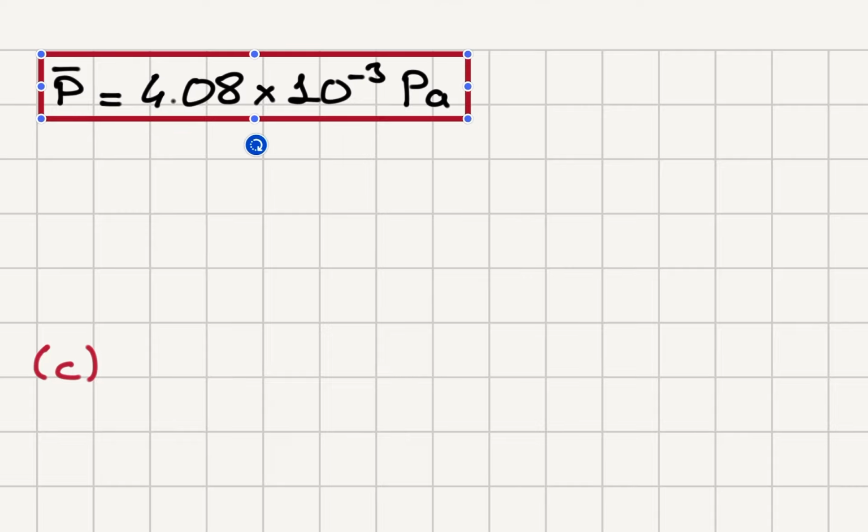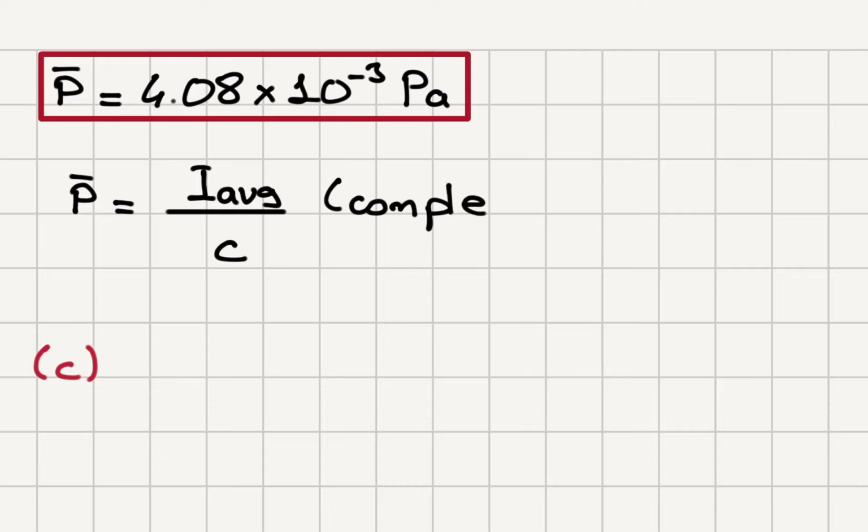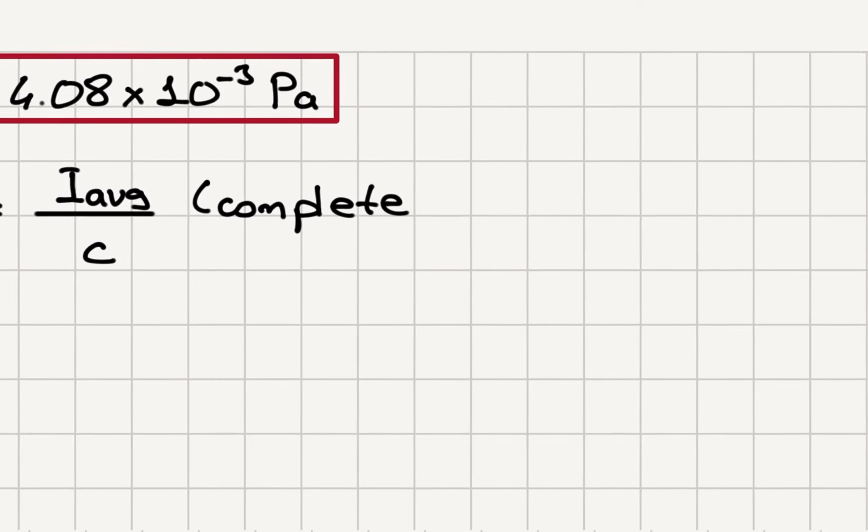Now, it's very important that it's mentioned in the problem the absorption is complete. So if you have complete absorption, it's the average intensity divided by the speed of light. That's the pressure being exerted. That is for the case of complete absorption.